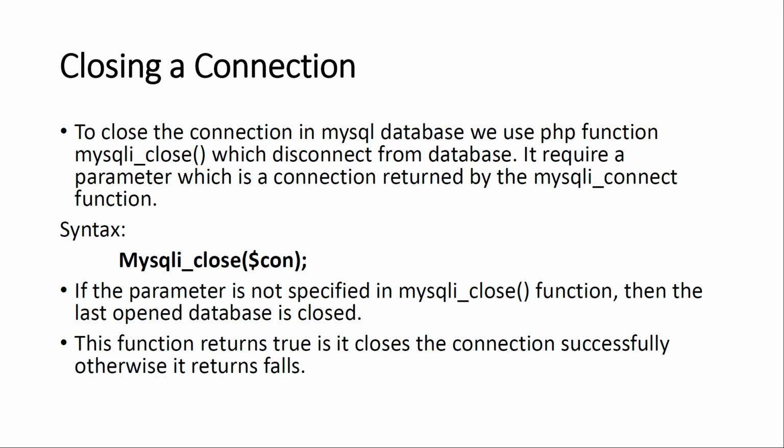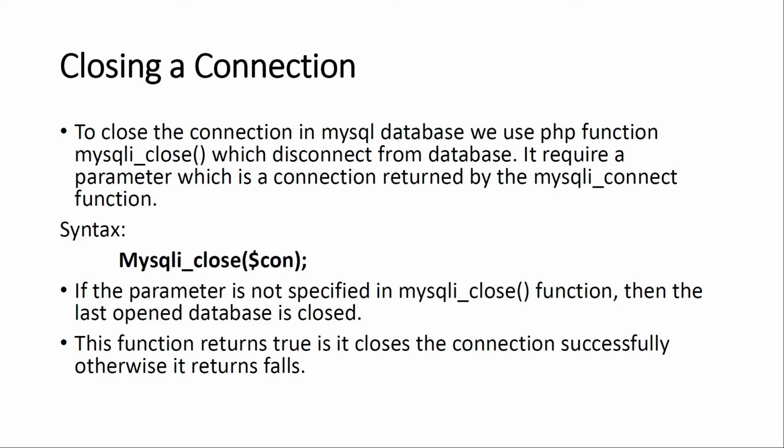We go ahead and close the connection using MySQLi close, but then we need to pass in the connection object that we had received earlier when we called MySQLi connect. And usually what it does is it just goes ahead and stops the connection.